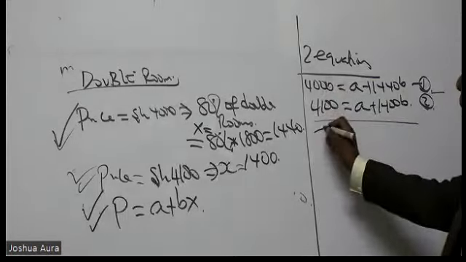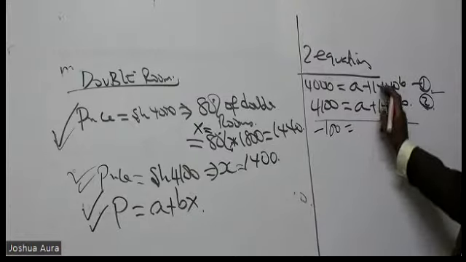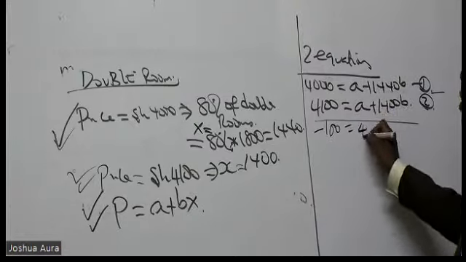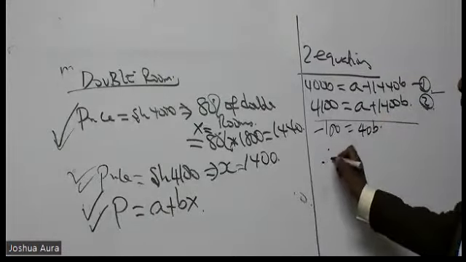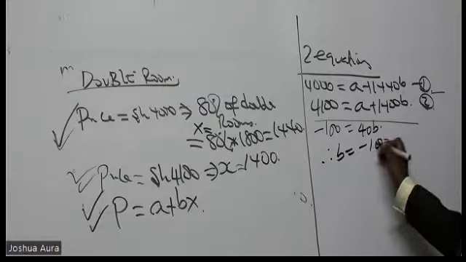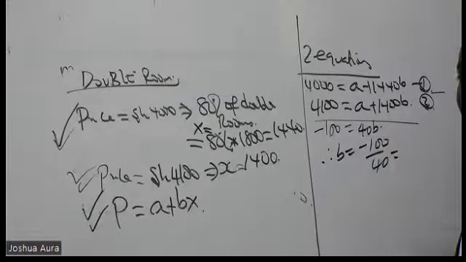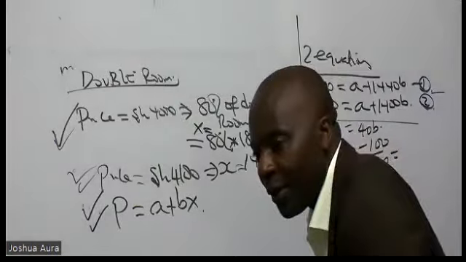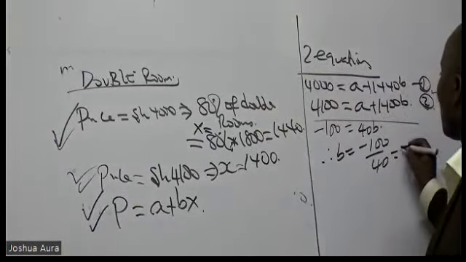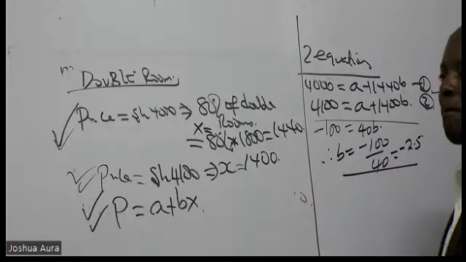So this gives me minus 100 equals, A disappears, positive 40B. Meaning that B will be minus 100 over 40, which gives me what figure? Minus 2.5. Thank you very much. That is the value of B.